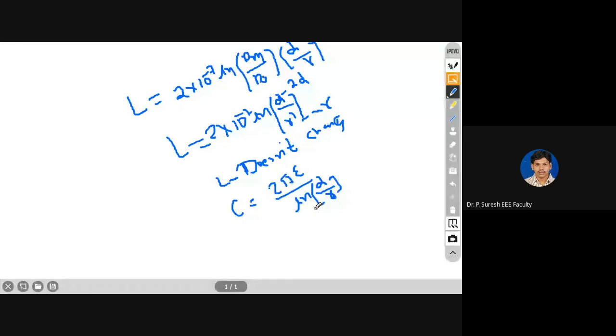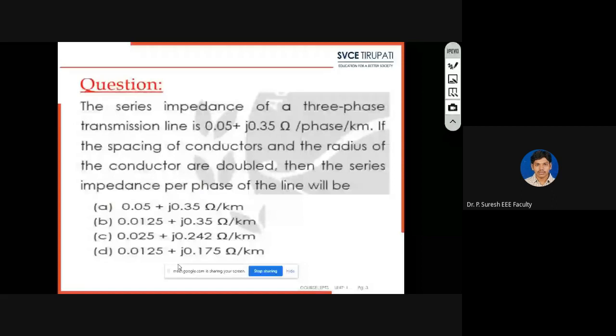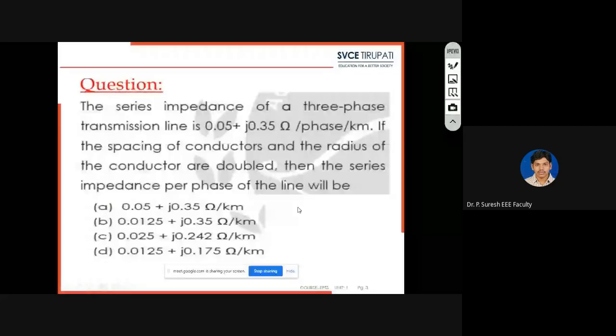Anyone please respond. The distance is doubled and radius is doubled. The capacitance will be changed or unchanged? Anyone is there? Raju? Unchanged. Okay, it is unchanged.